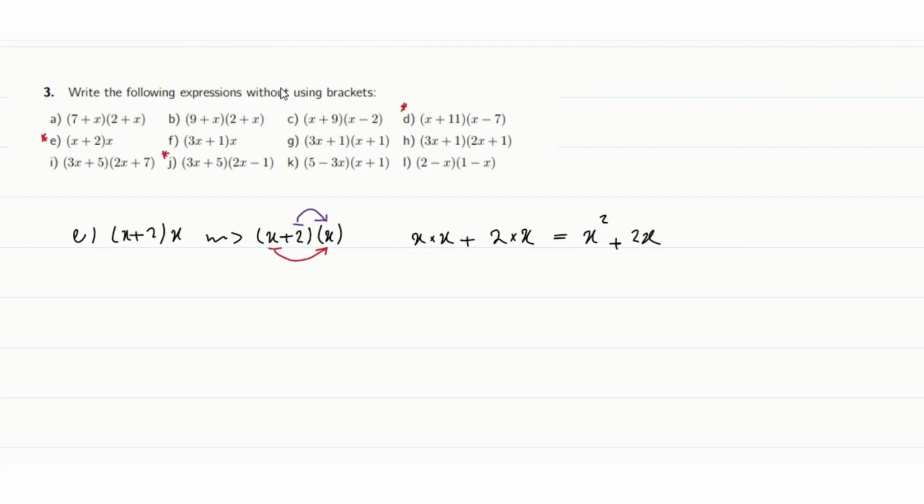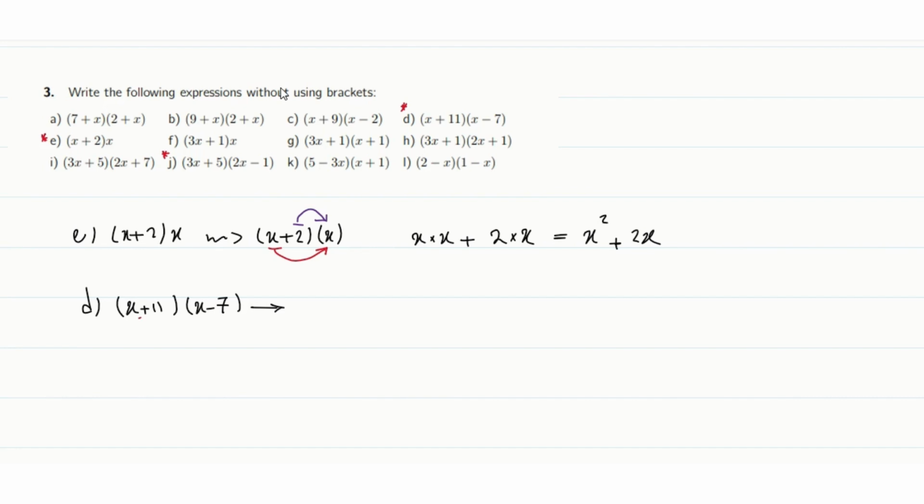Let's solve another one. D. We have x plus 11 times x minus 7. Now, the brackets are visible in here because we have at least two terms in each of these brackets. So what we should do now is the same process that we did. We multiply each of the terms in each bracket by each of the terms in the second bracket.